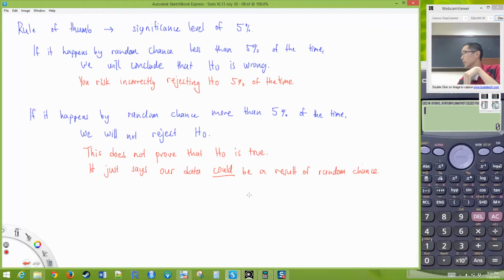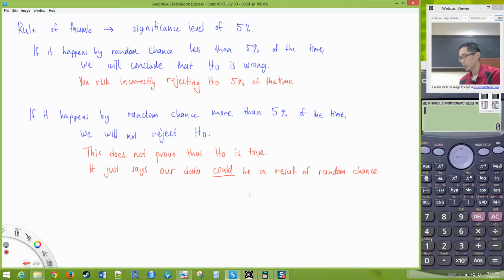But if you set up your null hypothesis in such a way that it's just very vague, you say, I don't think it's 50, okay? If you say the null hypothesis isn't 50, the only way you can reject that null is if you can prove that it is exactly 50, and that's not possible unless you look at the entire population. So we always set up the null hypothesis in a way that we can reject it, and that requires using an equal sign.